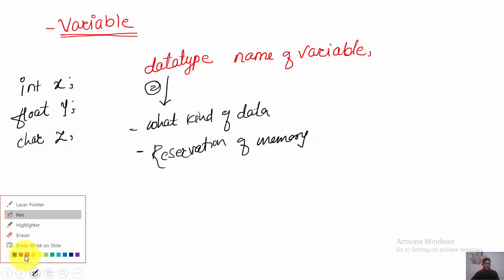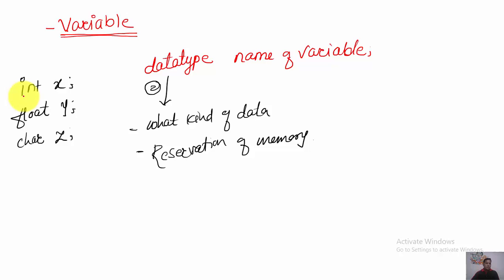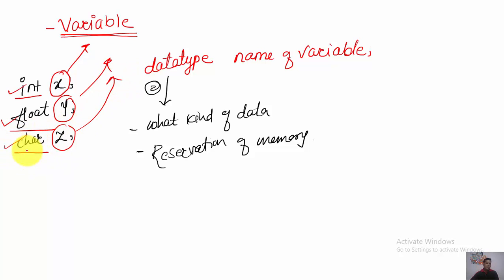So when I am going to talk about this entire declaration, first this defines the data type, right? So what it is going to indicate, the x is a variable which is going to hold the integer value. y is again a variable which is capable to hold the floating point value, whereas z is again a variable which holds the character value symbol, right?